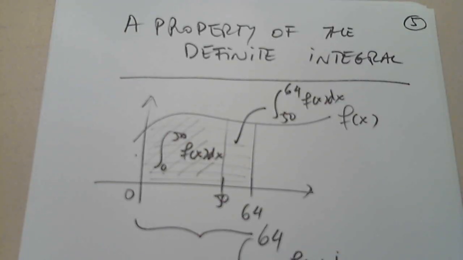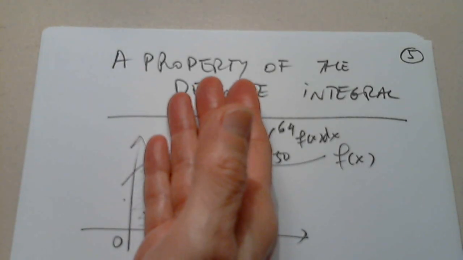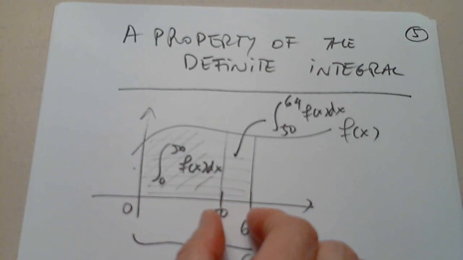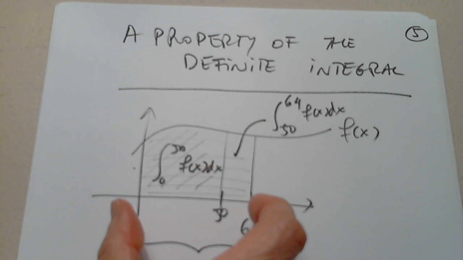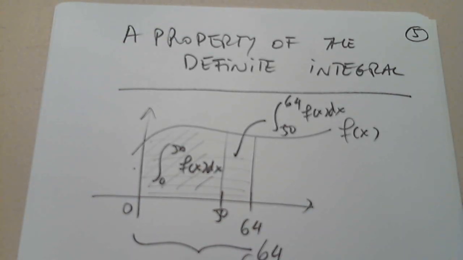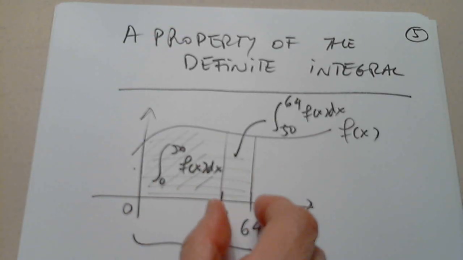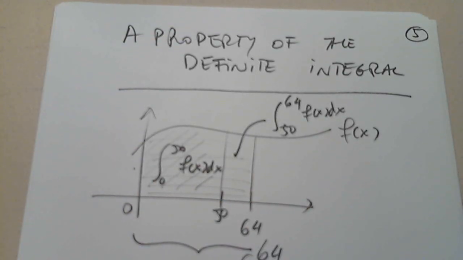The point I'm making here, what property is this? I can split an integral into as many integrals as I want. So if I want to determine the integral from 0 to 64, I can do it directly. Or I can do this, the integral from 0 to 50 plus the integral from 50 to 64. So if I want to go back just for the sake of the argument and determine the integral from 0 to 64, what do you think I'm going to get?